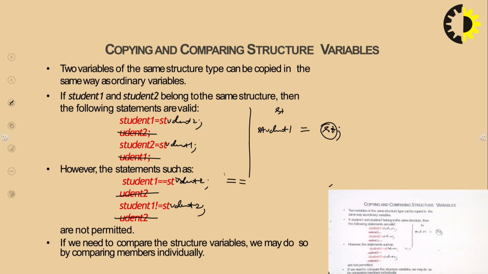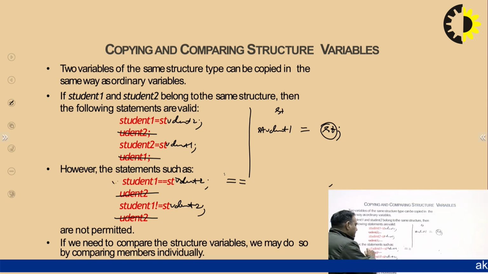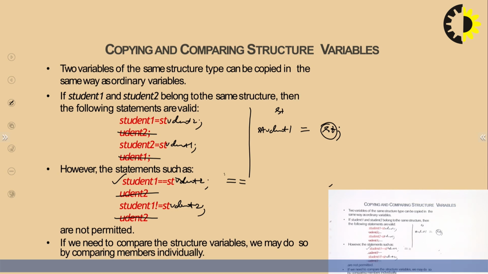The statement student 1 is equal to student 2 is true if all the information in each field of student 1 is the same as the information in every field of student 2. If both are the same, then this statement is true, otherwise it is false. If we do not compare the structure variables directly, we may do so by comparing members individually.